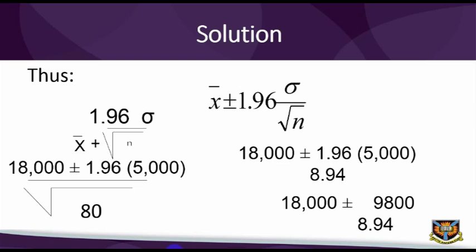Thus, the population average income will lie within the interval 16,904 naira and 19,096 naira.